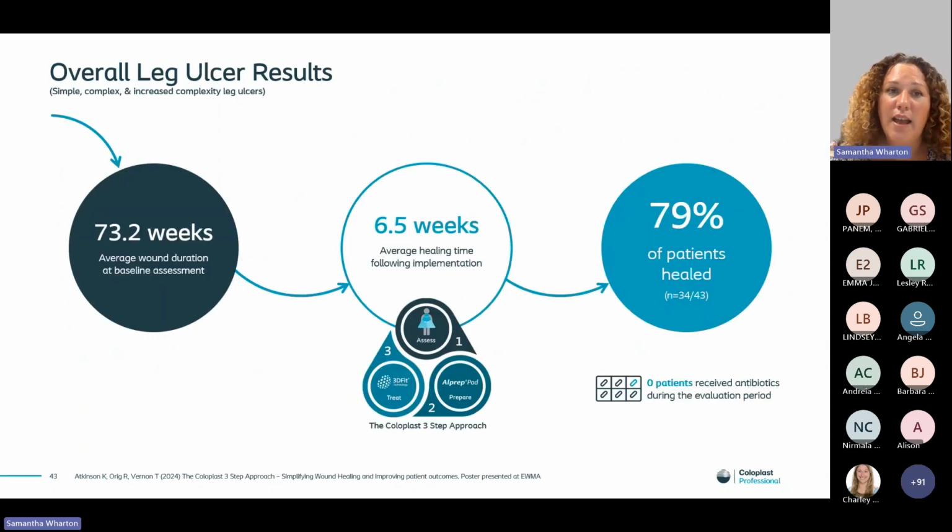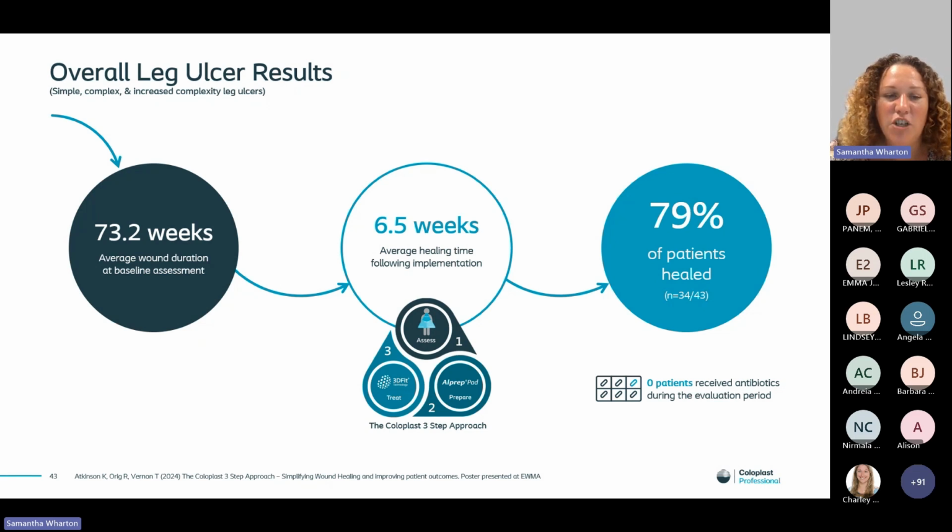So the overall leg ulcer results, this is including simple, complex, and increased complexity leg ulcers. The average wound duration was 73.2 weeks. Average healing time following the implementation, sorry, I need to put my teeth back in, was 6.5 weeks.